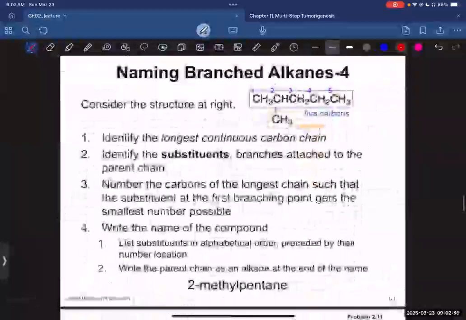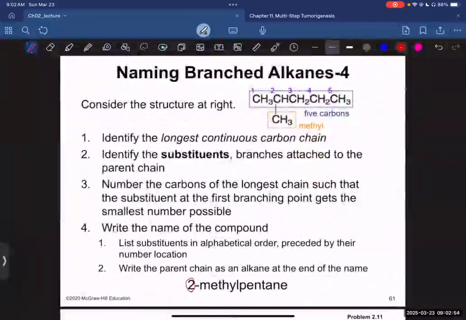As a result, the ultimate name is 2, which designates where the substituent is, followed by a dash, then the specific substituent, and then the parent name, okay? If we have multiple substituents, we list all of them in alphabetical order.